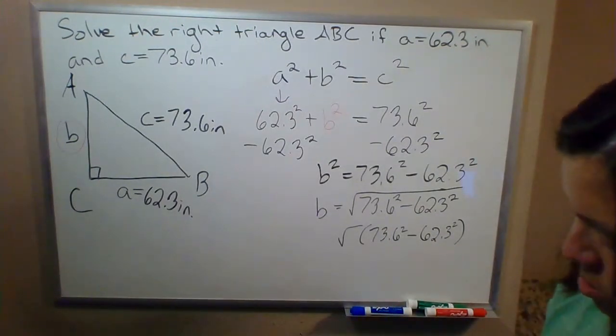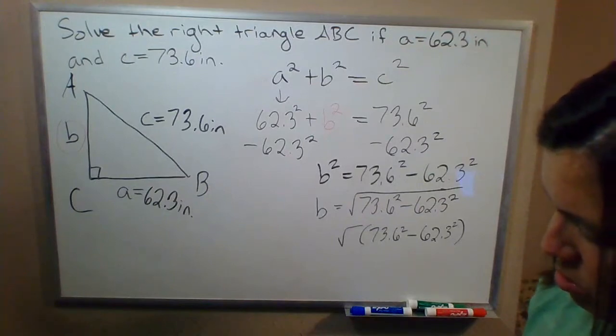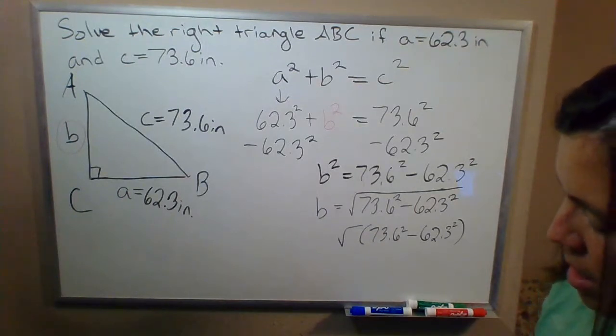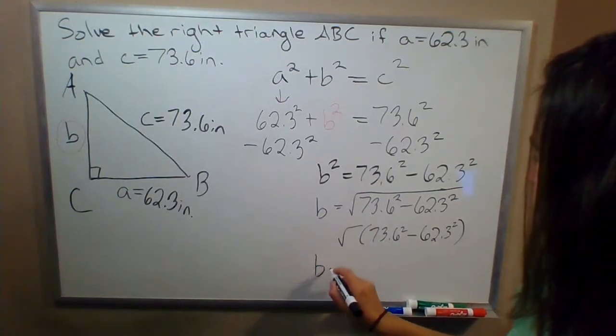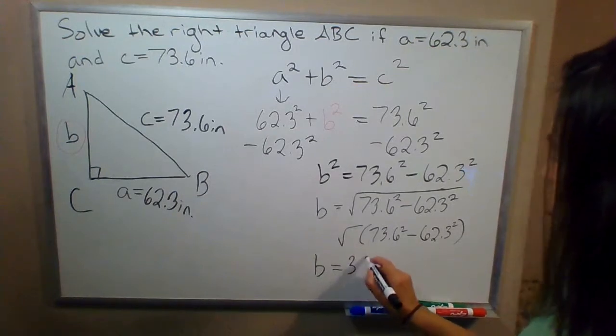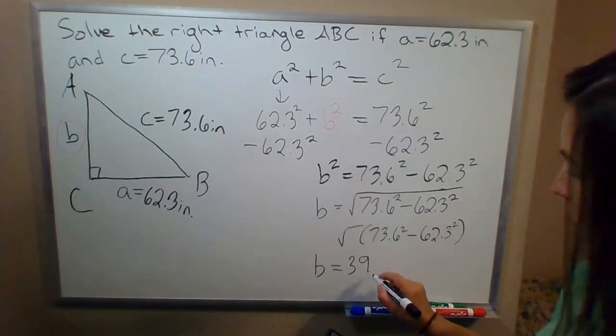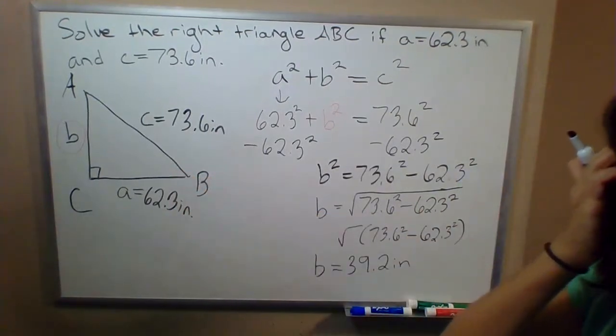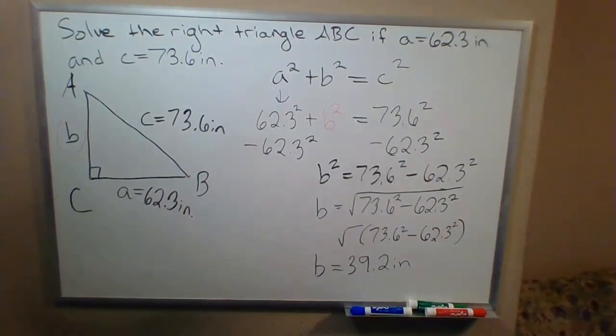So let me punch that in, 73.6 squared minus 62.3 squared. And we have side b is equal to about 39.2 inches. I'm rounding it to the same decimal place as our given information there.